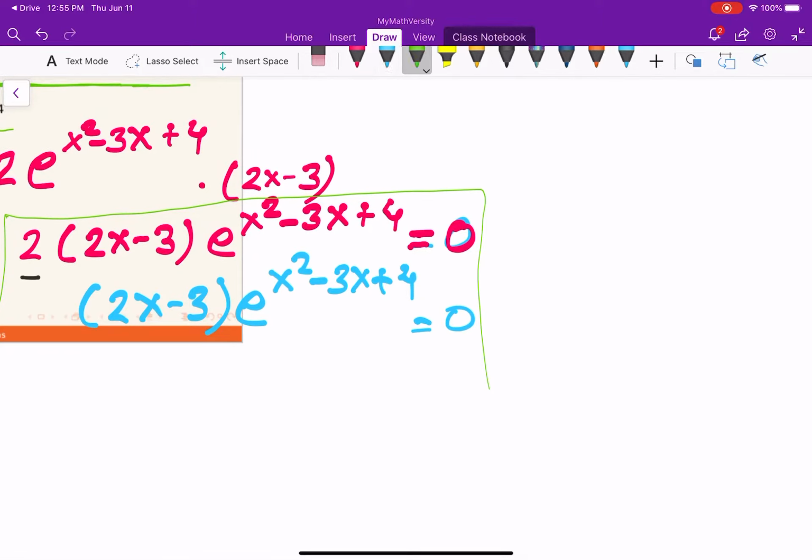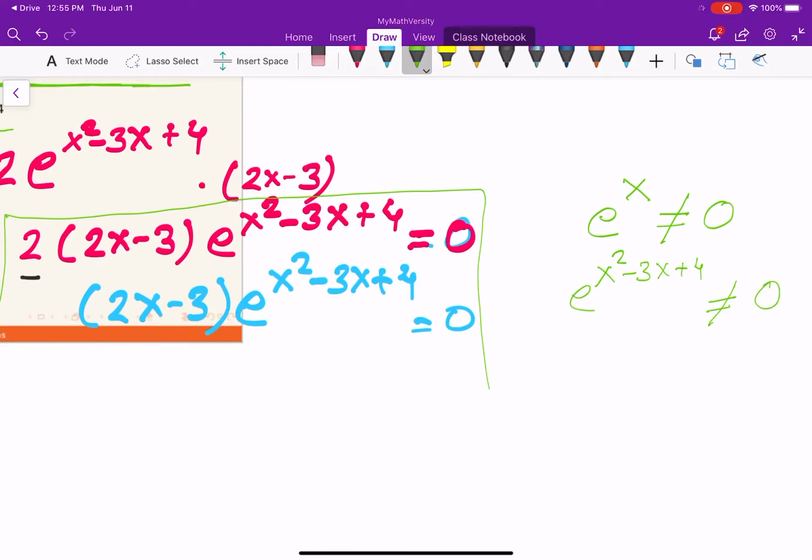You can see here, we know that the exponential function, if you have e to the power x, is actually never equal to 0. We learned this earlier when we defined the exponential function, right? The exponential function will never equal 0. So e to the power x square minus 3x plus 4 will also never equal 0.